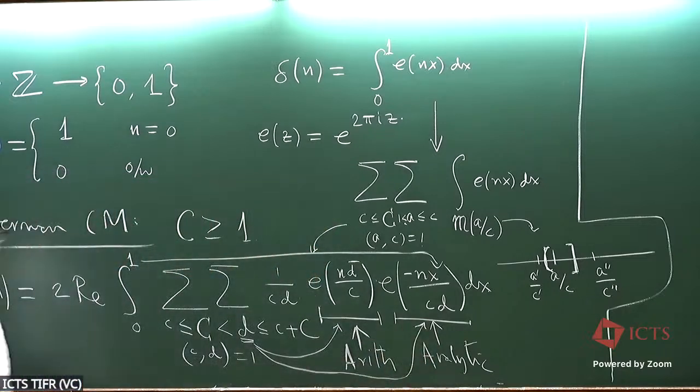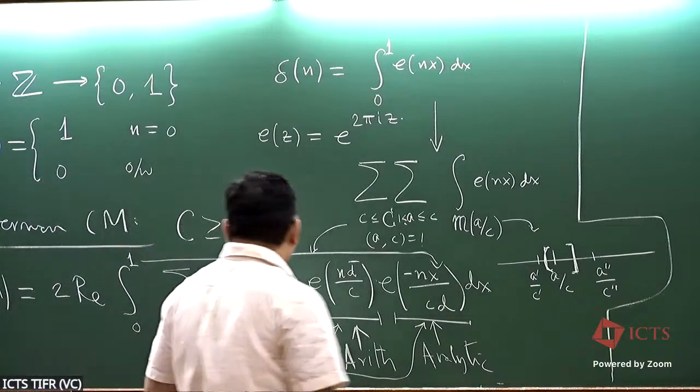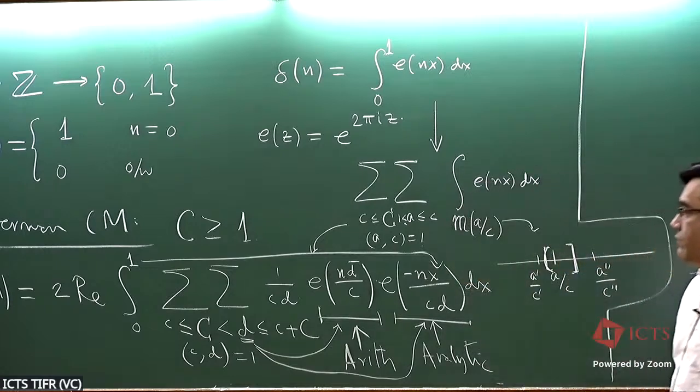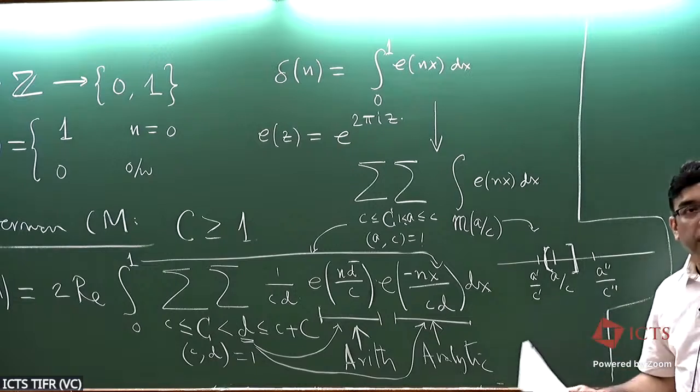That is one big disadvantage in the Kloosterman circle method, that the arithmetic variable d is also involved in the analytic part. So our first target is to write down a modern version of the delta method, which is basically due to Duke, Friedlander, and Iwaniec, which will separate the arithmetic part from the analytic part.